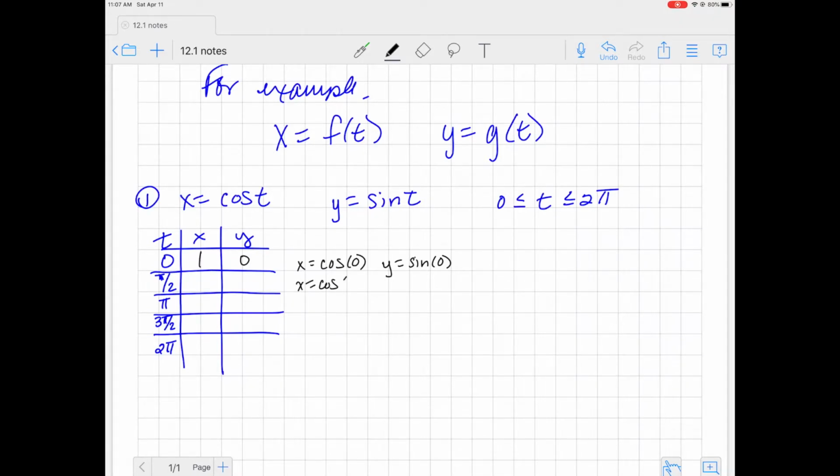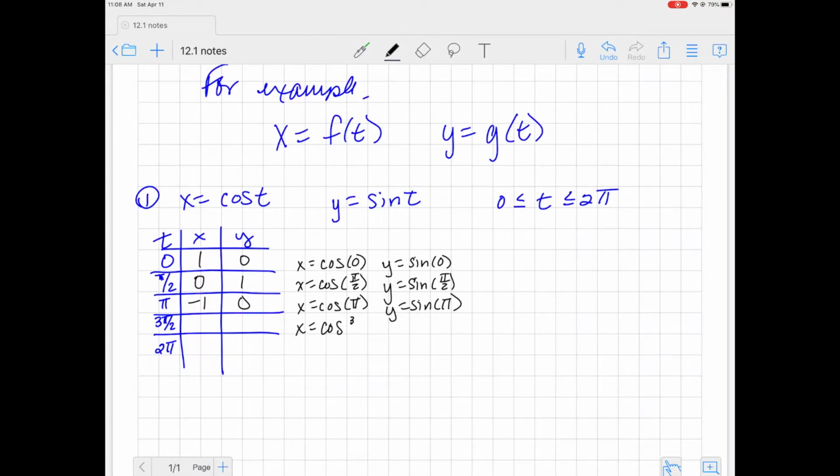And then you do that. So x is equal to the cosine of pi over 2. That one is 0. y is equal to the sine of pi over 2. And there we get 1. Do them for everything. Cosine pi, sine pi. The cosine of pi is -1 and the sine is 0.